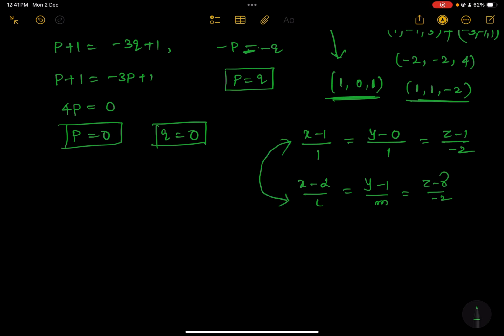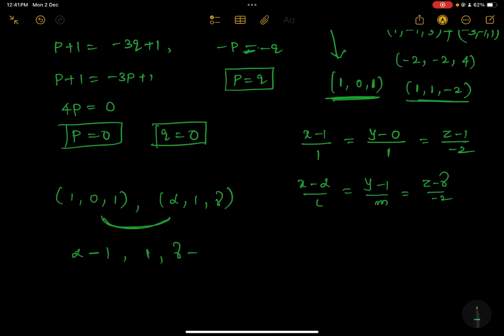Okay. So from these two equations we can say 1, 0, 1 lies on the line L, and also alpha, 1, gamma lies on the line L. So from these 2 points we can find DRs. That will be alpha minus 1, 1 and gamma minus 1.